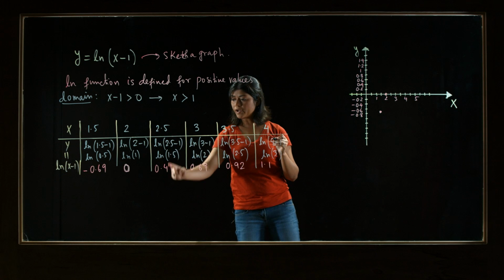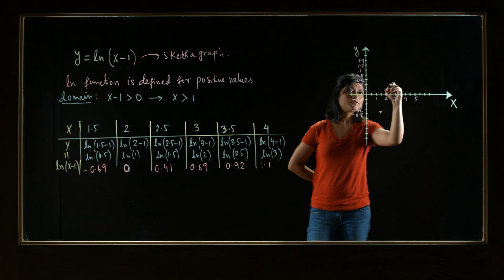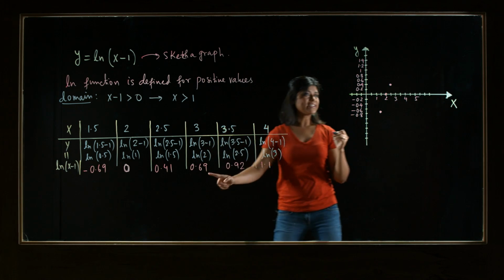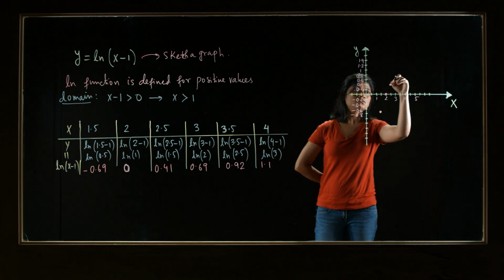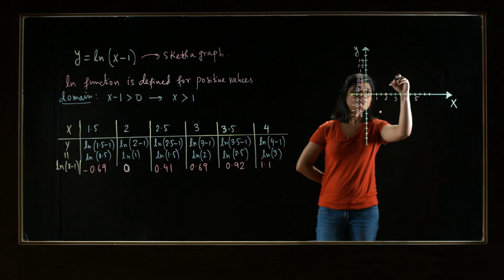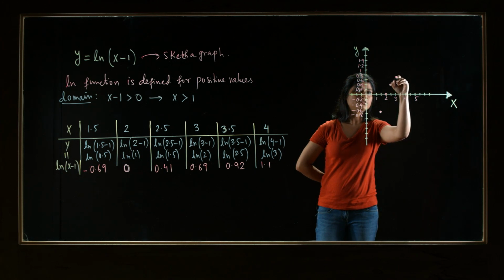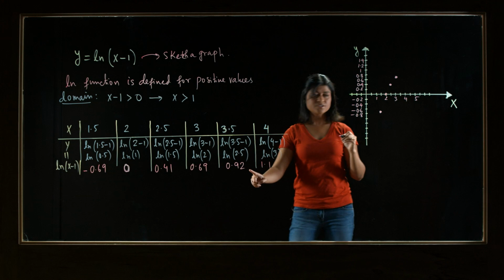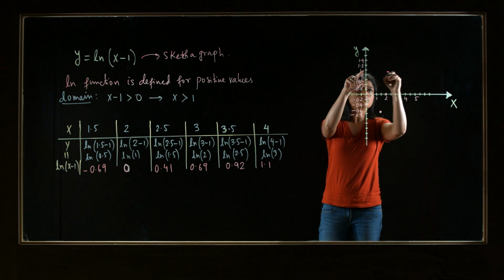At 2.5, we have 0.4. 3 is about 0.7, so 0.7 is in between here, so about here. 3.5 is 0.9, so 3.5 is close to 1 here.